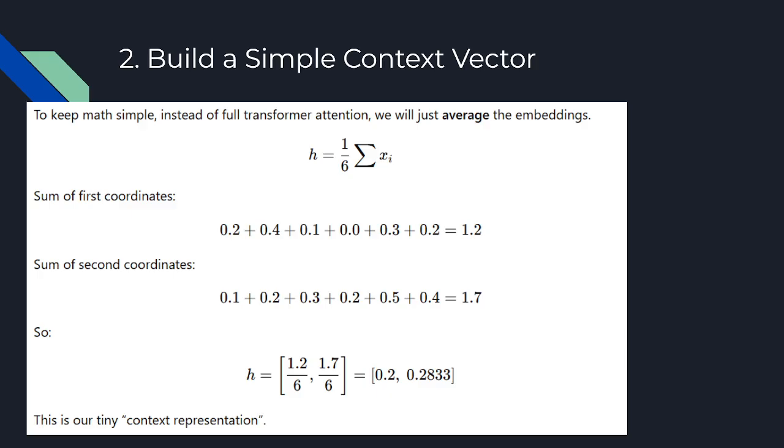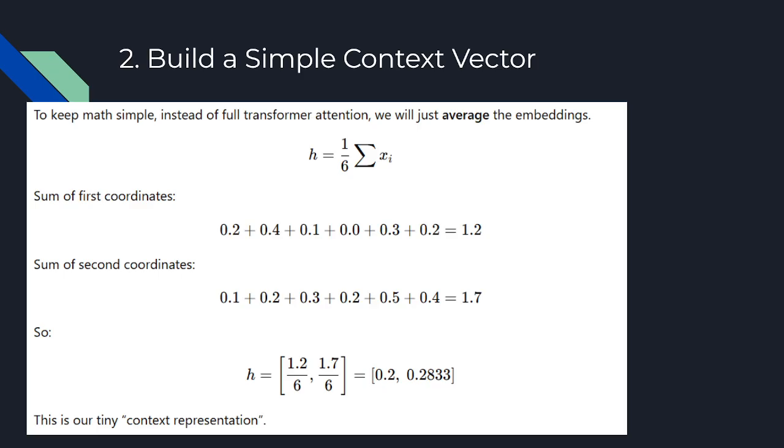Now, in this particular video, we're not going into the nitty-gritty of how we can provide more context to a particular embedding. We would be providing that in the second video. But over here, we're taking the sum of the first coordinates and the sum of the second coordinates, and just taking an average of those particular embeddings to create the context.